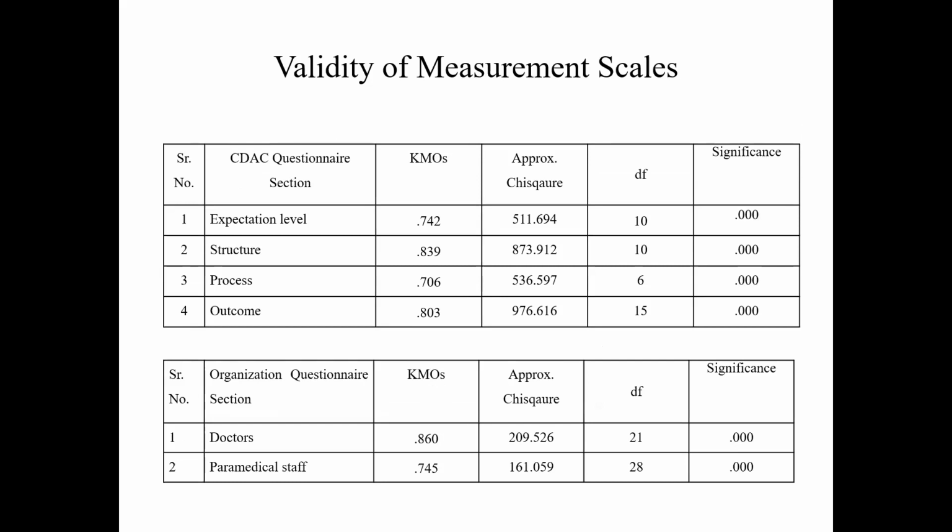For the CDAC questionnaire, the KMO values for expectation level are 0.742, 0.839, 0.706, 0.803. And for doctors, the KMO values are 0.860 and 0.745. All the significance values are 0.00 within the degrees of freedom.